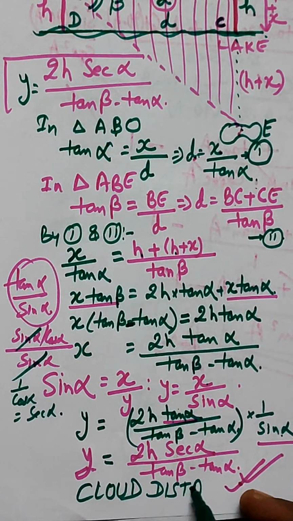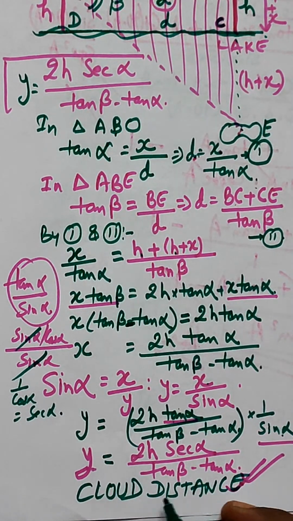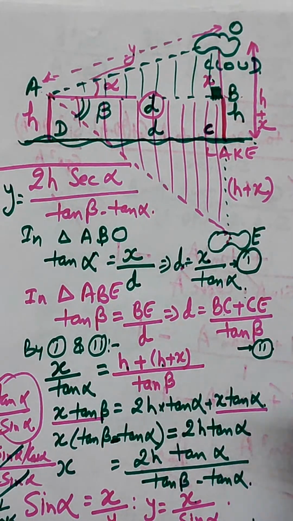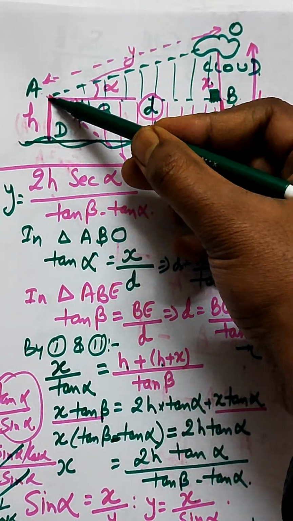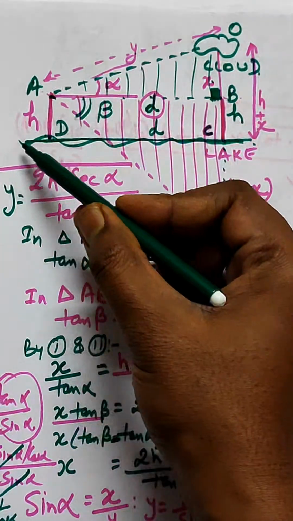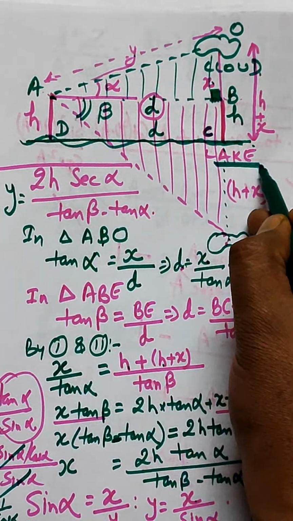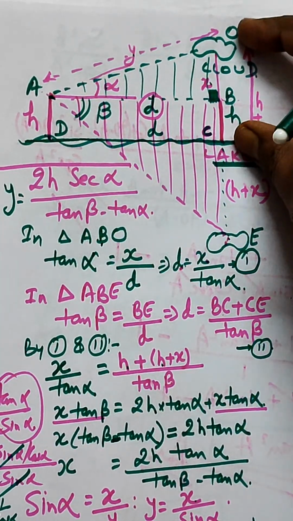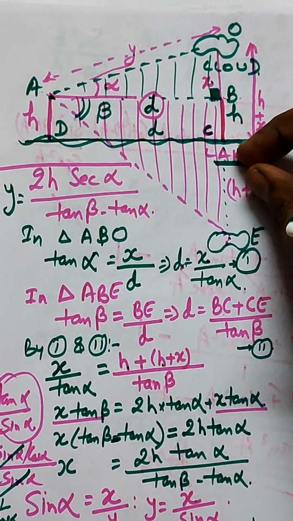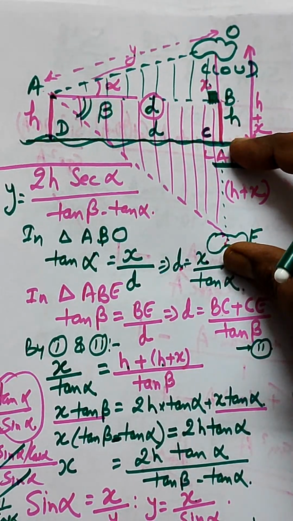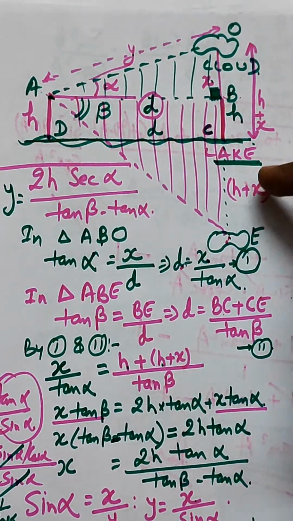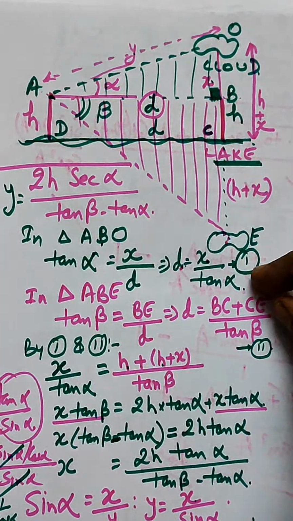So for any cloud related or any height and distance related questions of trigonometry, you can simply draw the diagram. Here the point of observation was h meter above the lake. The lake will act as a mirror. So for the distance of the cloud above the lake, the image is also at the same distance. If the cloud is at h plus x, you can see the image is also at the distance of h plus x.